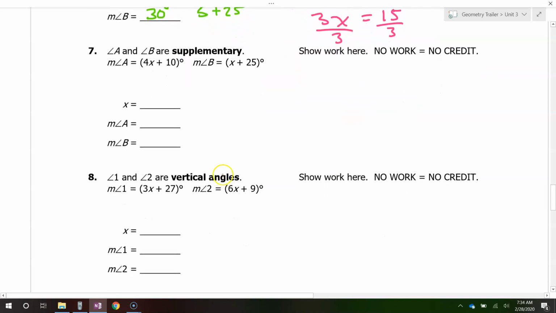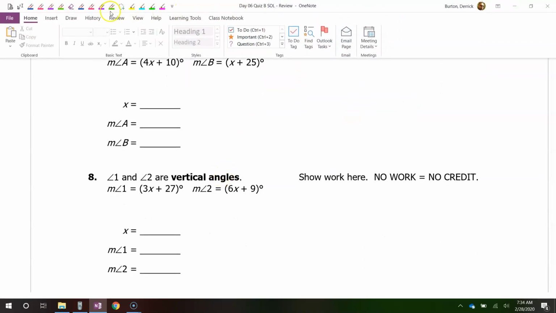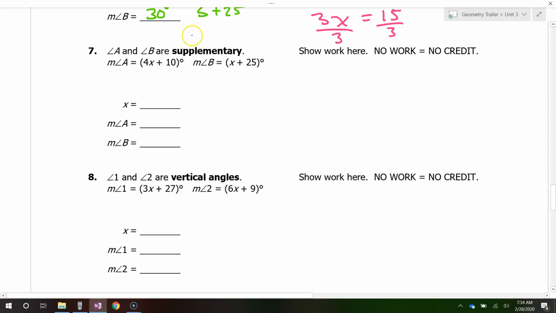All right, supplementary, that means they have to add up to 180 degrees. That's why I'm going to go 4x plus 10 plus x plus 25 is equal to 180.